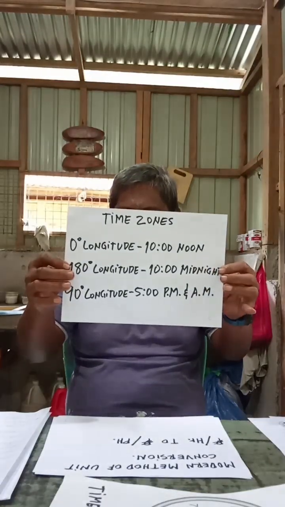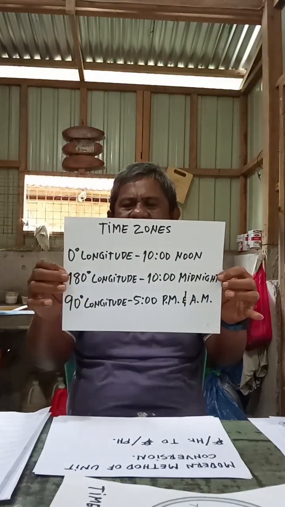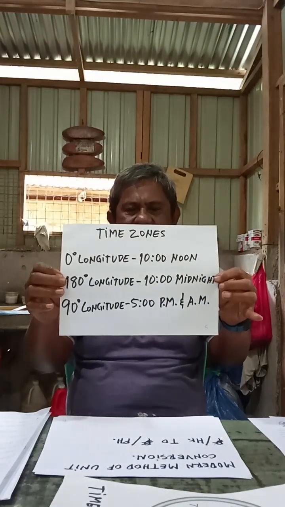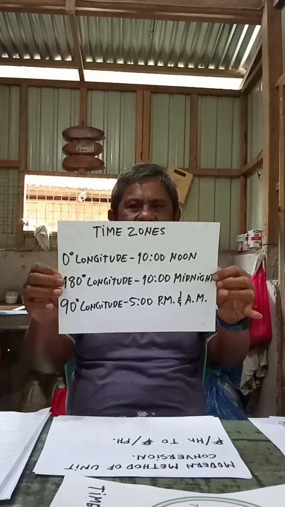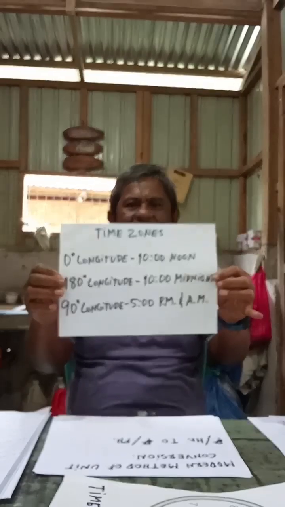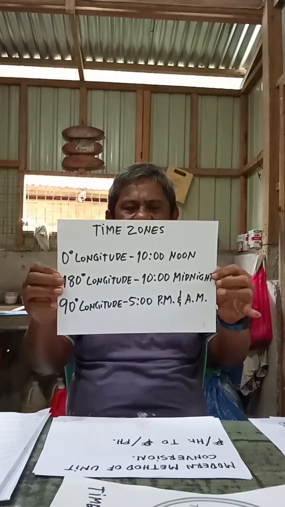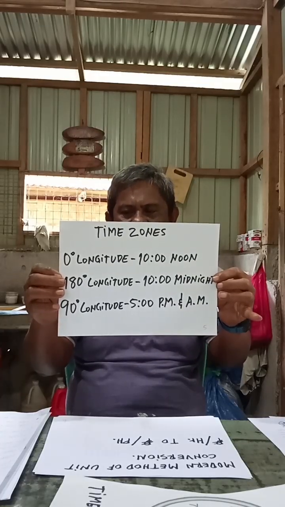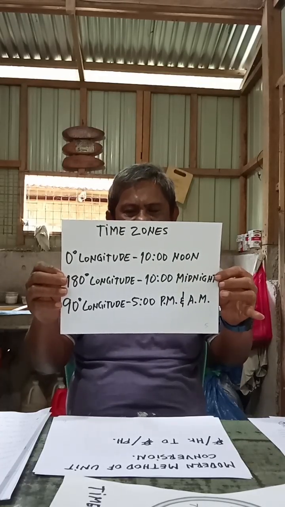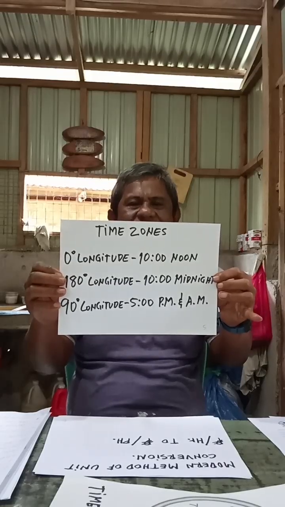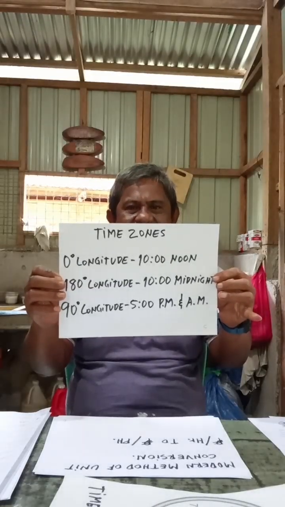So, the time zones. Peregrino Sienes Time zones. 0 degrees longitude is 10 o'clock noon. Alas 10 ng tanghaling tapat. Alas 10 sa udtong tutok. 180 degrees longitude west is 10 o'clock midnight.